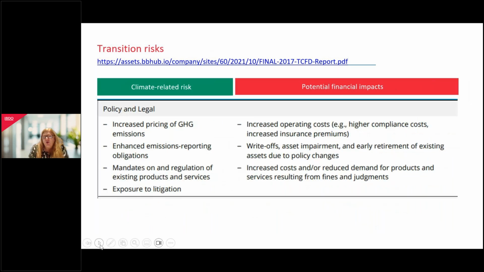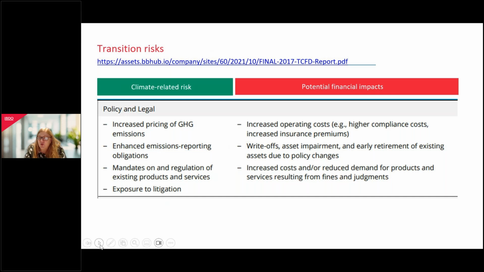So we also talked about policy and legal risks. And again, we talked about, there could be higher compliance costs. There could be increased insurance premiums. So maybe we want to keep an eye on insurance premiums. Maybe we want to keep an eye on asset impairments, specifically early retirement of assets due to policy changes.